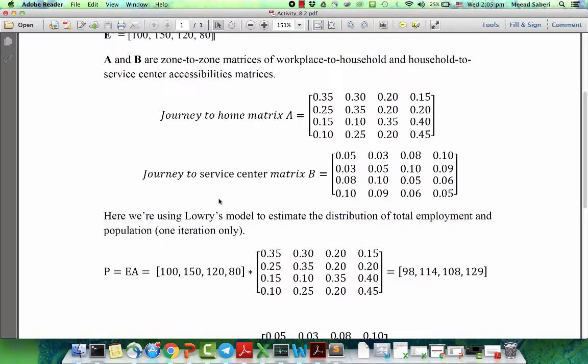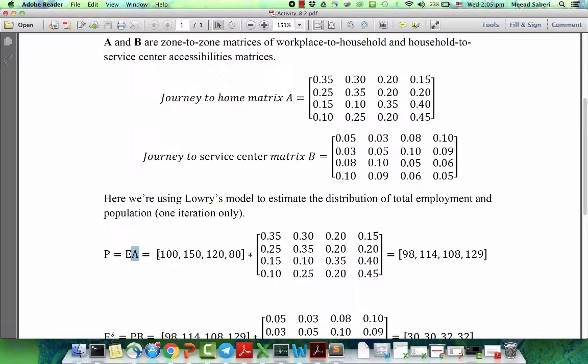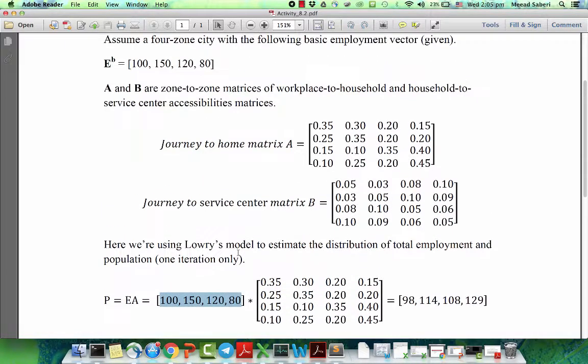So we start with the first equation, which was P equal EA, where the distribution of population is equal to the employment matrix multiplied by the accessibility matrix of A, which was workplace to household journey. Because we don't know the total employment matrix yet, we start with basic employment only as it was given in the problem.